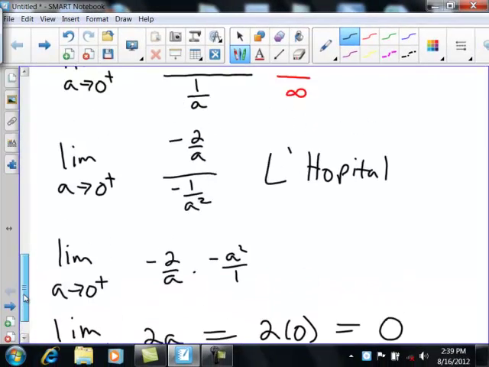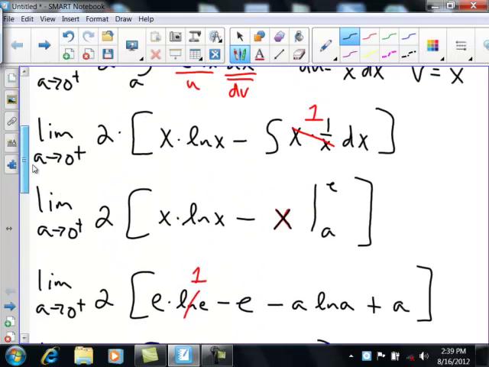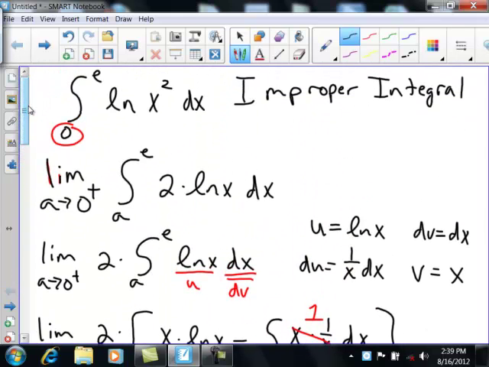So that means that way back up here, where I started this problem, the limit as a approaches 0 from the right of the integral from a to e of 2 times the natural log of x dx is 0 from what I did there. And again, since that limit is a value, that means that integral converges to the same value.